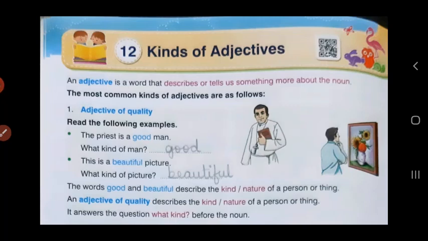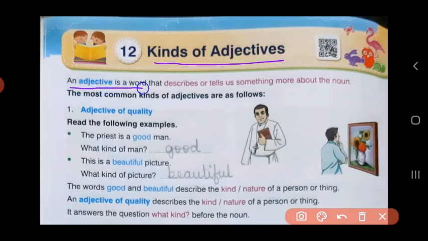Today we will be learning about kinds of adjectives. What is an adjective, children? An adjective is a word that describes or tells us something more about the noun. So adjectives are also called describing words.